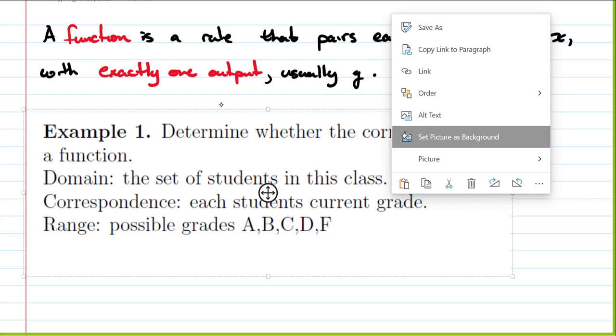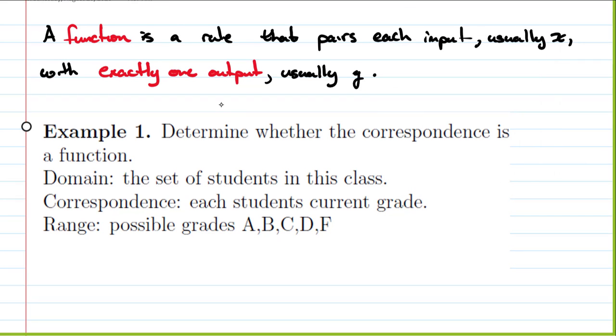So our domain is going to be the set of students in this class. Our correspondence or our rule is each student's current grade, and then our range would be the possible grades that you could have in this class, which is an A, a B, a C, a D, or an F.